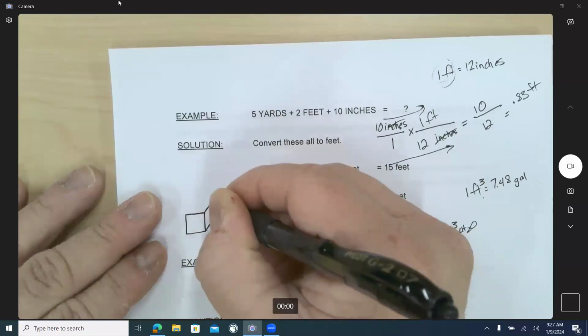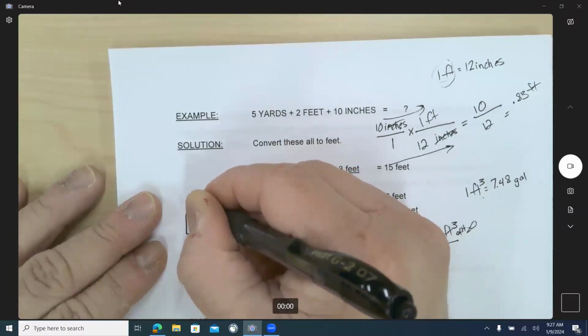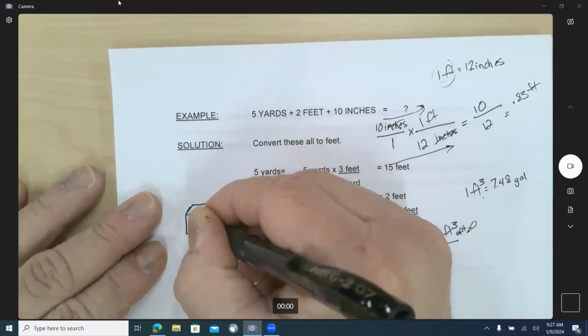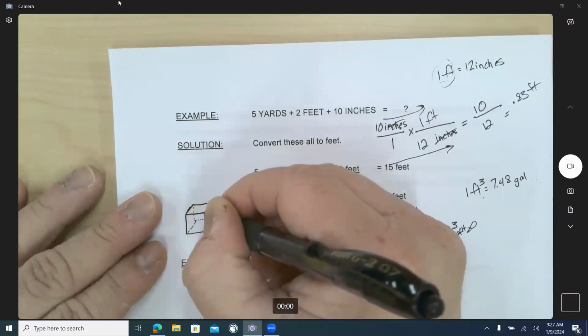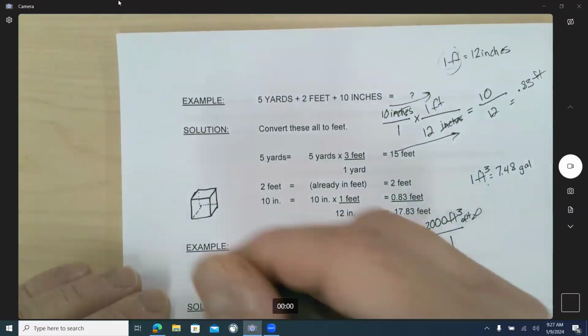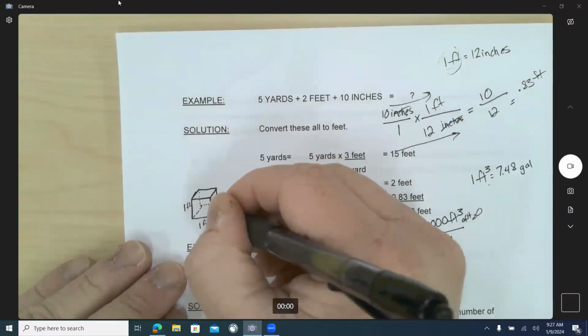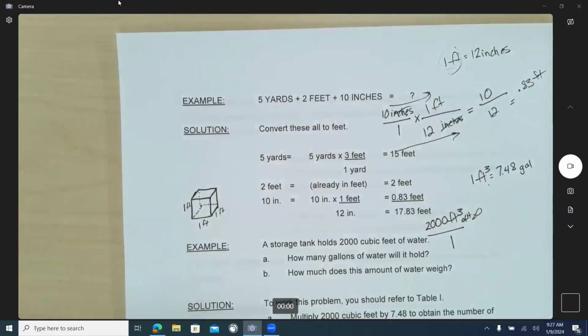I'll draw it if we cannot. So this is a cube. A cubic foot means that it's 1 foot this way, 1 foot this way, and 1 foot this way, right? That's what makes it cubic. It's foot times foot times foot makes it 1 cubic foot.